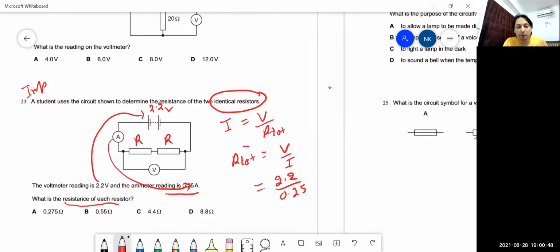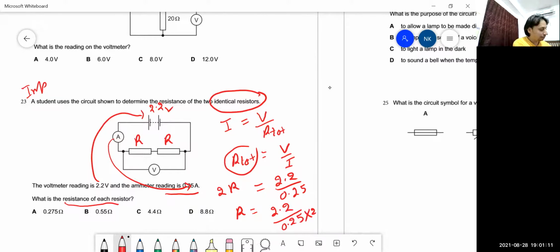And R total is what? The two resistors are in series combination, so you can add R plus R, this will be 2R. So finally R is equal to 2.2 divided by 0.25, and where the 2 will come, the 2 will be here. Let me do this calculation on my calculator, children, and then let me tell you the answer.